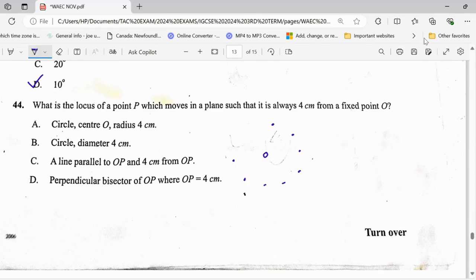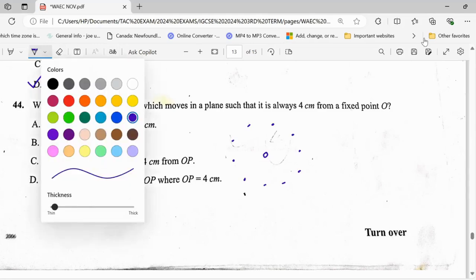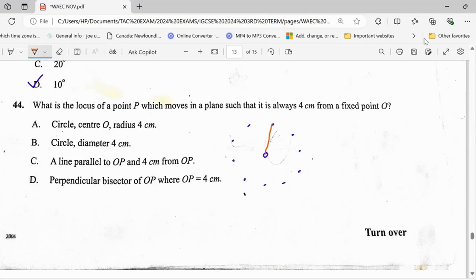At the end of the day, the pattern being created here is a circle. It's a circle because from any point to the fixed point is 4 centimeters.